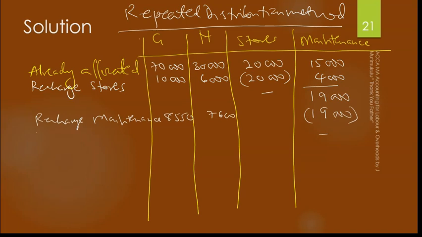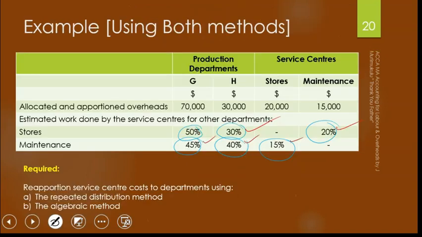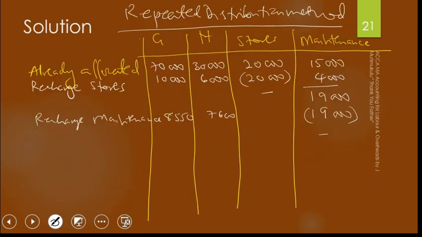And then to the stores, it's how much? 15% of 19,000, 2,850.